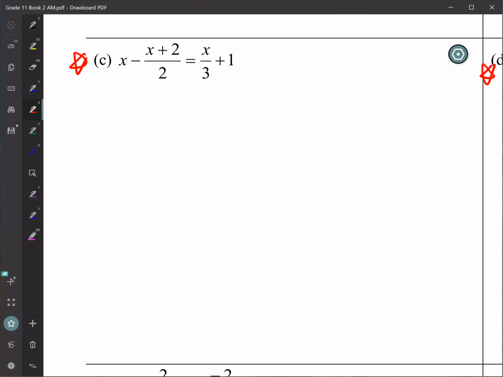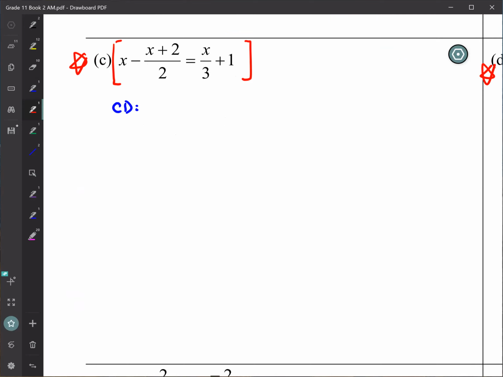This one doesn't have any variable in the denominator, right? So it doesn't have restrictions. So just find a common denominator. Nothing to factor here. So common denominator, and then you can start to multiply. Let you carry it out.